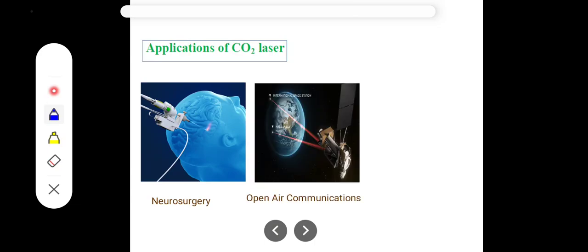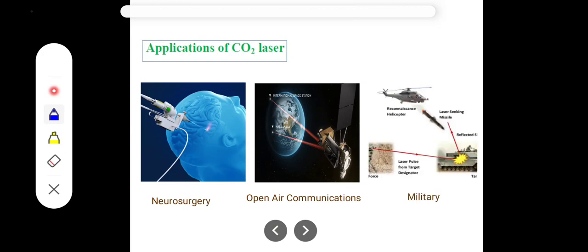Applications of CO2 laser: neurosurgery, a major medical field, for brain tumor or cancer cell treatment and blood cell treatment. Also open air communication, satellite communication, and astrophysics data are analyzed using CO2 laser.